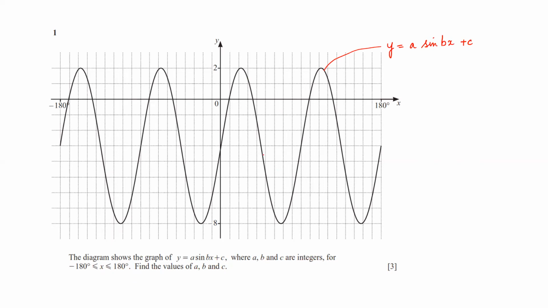So remember, this is a sinusoidal waveform that has a certain amplitude and a shift. Before I go into the details, let me draw you a sine wave and give you an idea how it looks. So a normal sine wave, for example y equals sin x, how will it look?